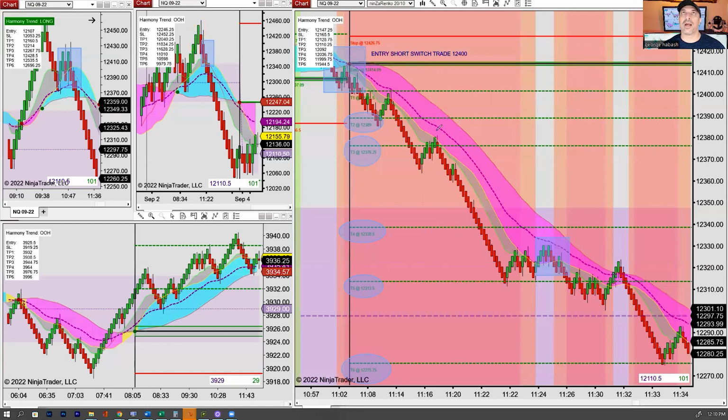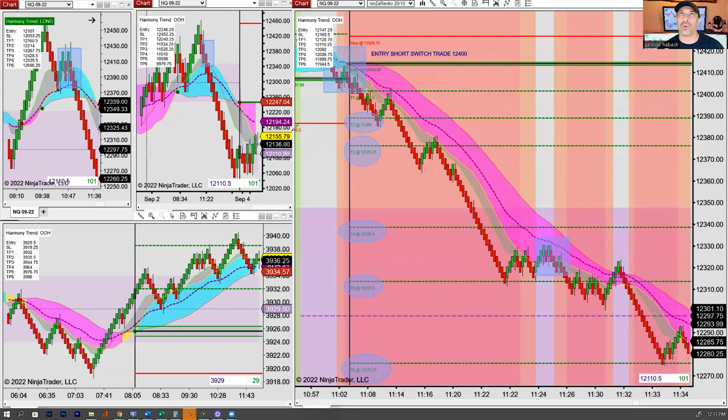Now, let's clear that for a second. For the entry point in that zone, we are looking for an actual signal. First, we need an environment that tells us to look to the short side. That's rule number one. How do we define it? The 200 and the 100 are in sync and in harmony, facing the same direction, in this case short.